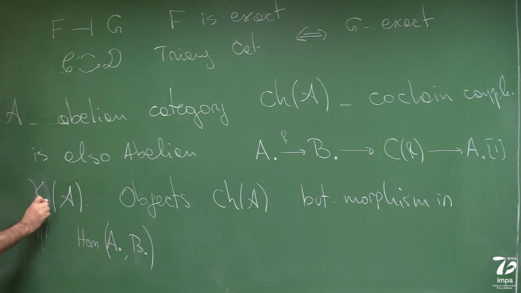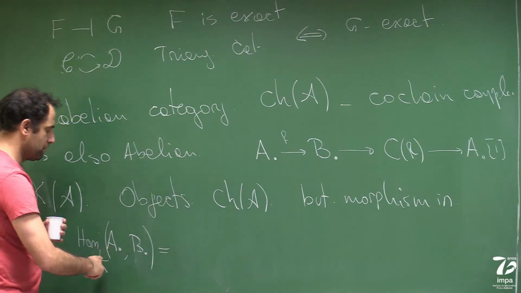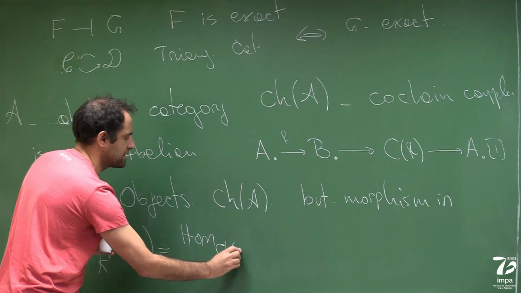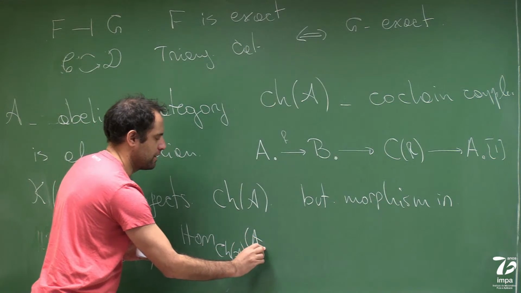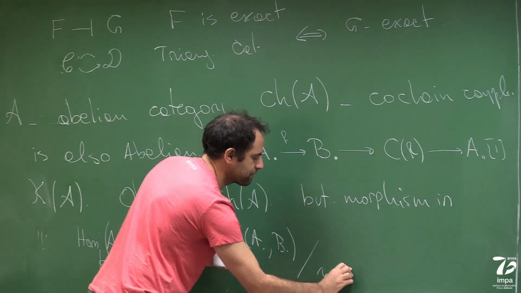Let's call this guy K, the homotopy category. Then Hom in this category K are homotopy classes of maps in the category of cochain complexes of A between A and B, modulo homotopy equivalence.